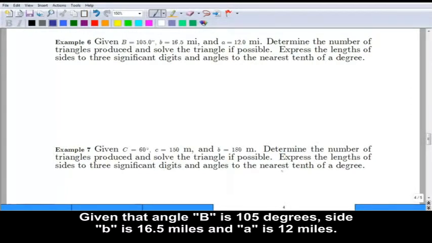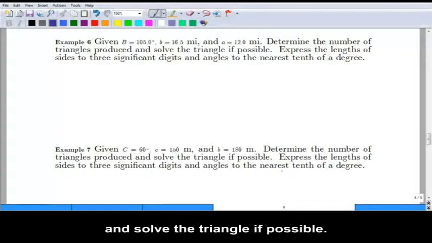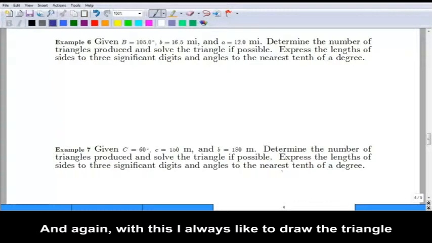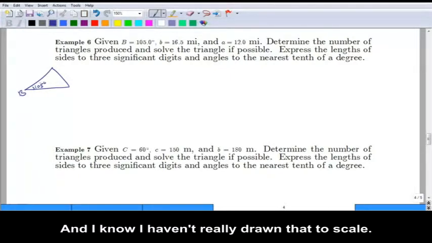Given that angle B is 105 degrees, side B is 16.5 miles, and A is 12 miles, we want to determine the number of triangles produced and solve the triangle if possible. And again, with this, I always like to draw the triangle so that the angle given down here, which is B, is 105, and I know I haven't really drawn that to scale.